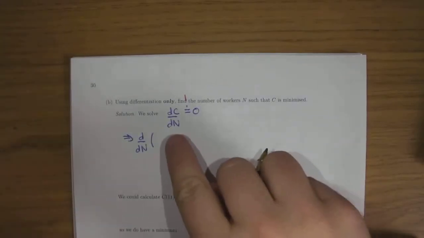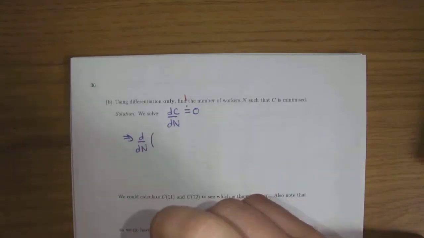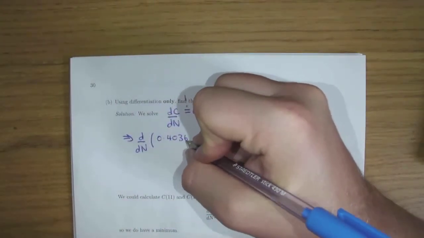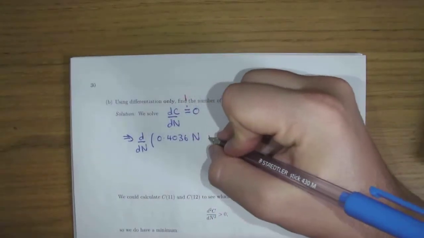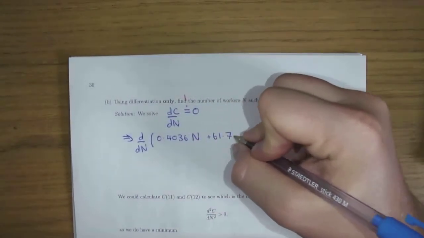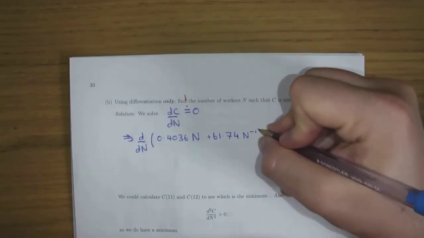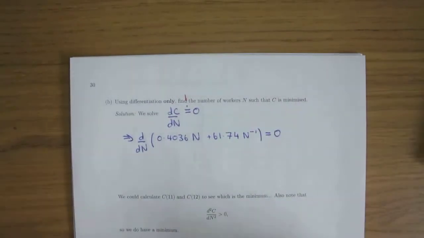That would be an option. So let's put in C here: 0.4036 n plus 61.74 divided by n, which is n to the minus 1. I don't seem to be giving myself enough space here, so I'm going to have to do a bit better.